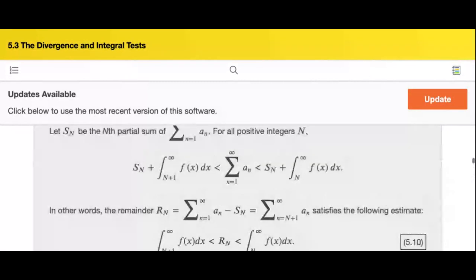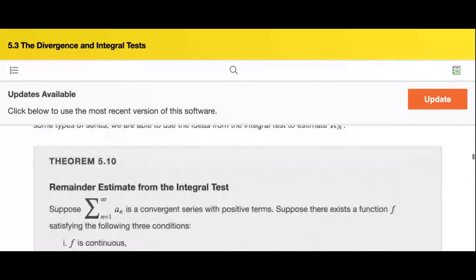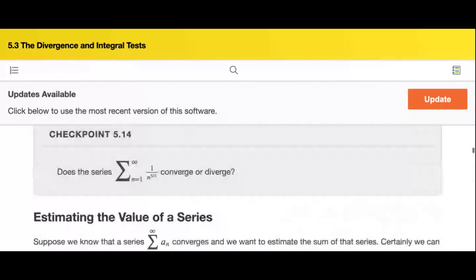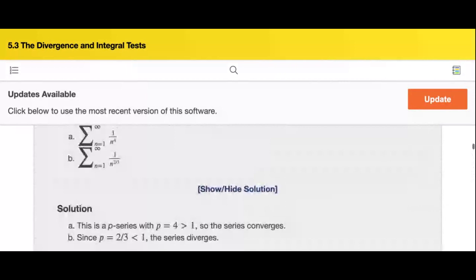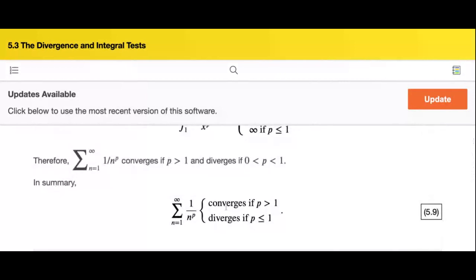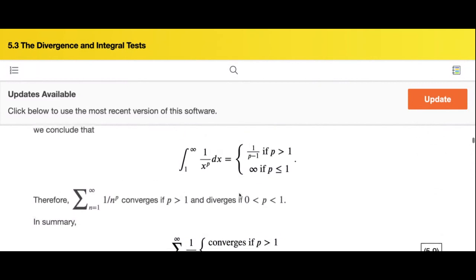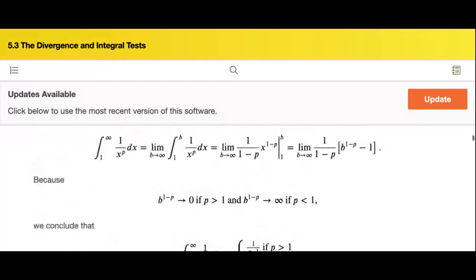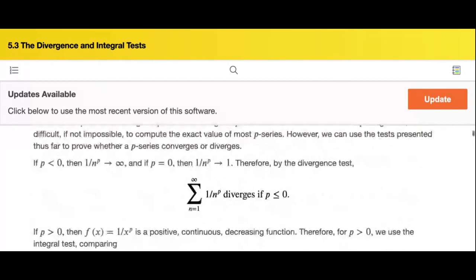Let's think about what we have learned. What's important? What's on the test? P series, of course. If p is greater than 1, it converges. If p is less than or equal to 1, it diverges. If p is greater than 1, the series converges to 1 over p minus 1. How beautiful is that?